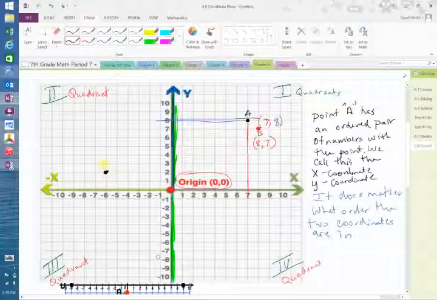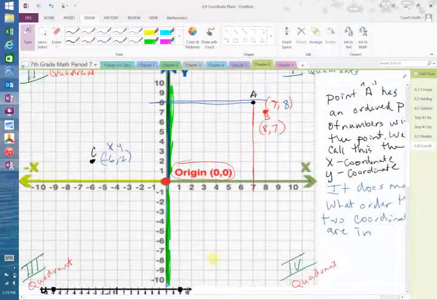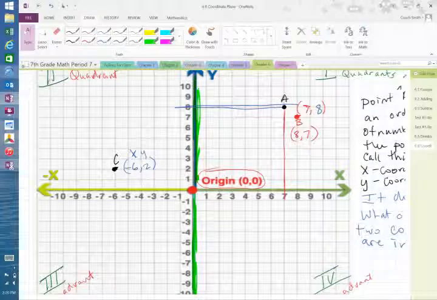That point we will call point C. Point C would have the coordinates of -6 and 2. This is the X, and that's the Y.